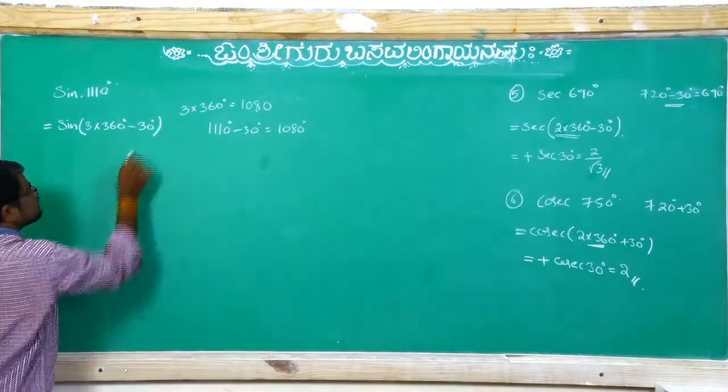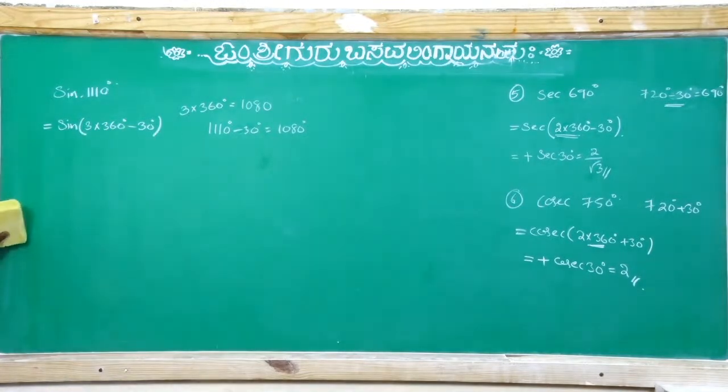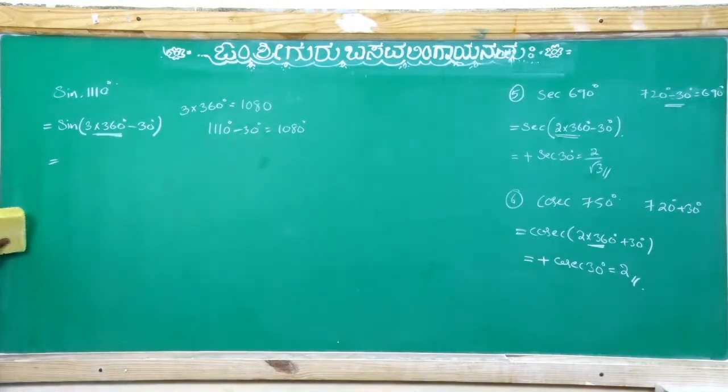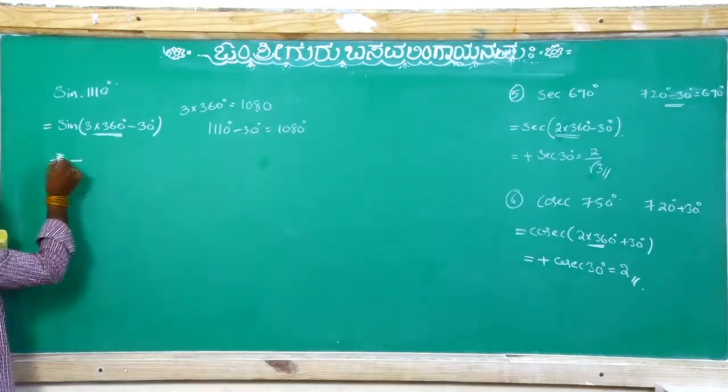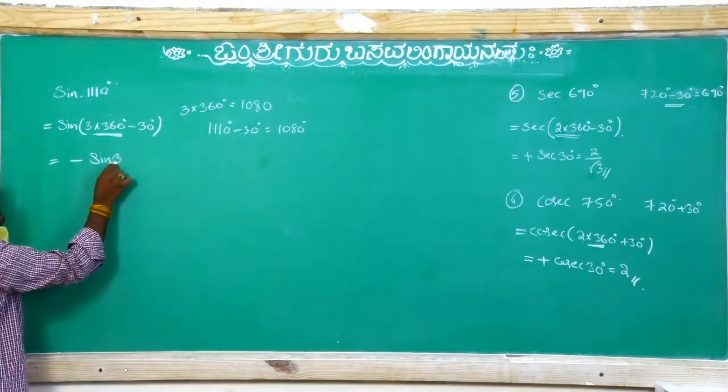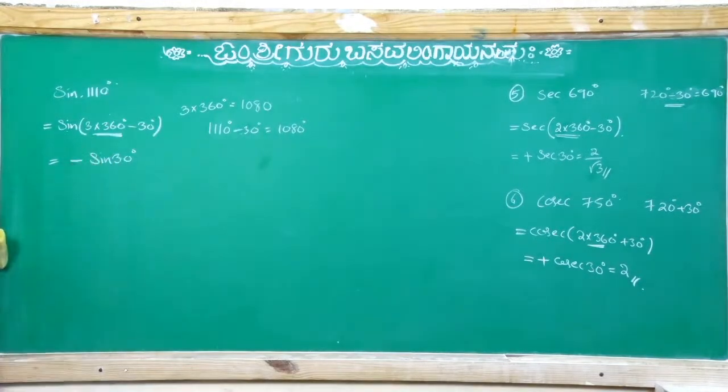Now, multiple of 360 minus, which quadrant? Fourth quadrant. At 360 sine does not change. So sine 30. Correct, no?